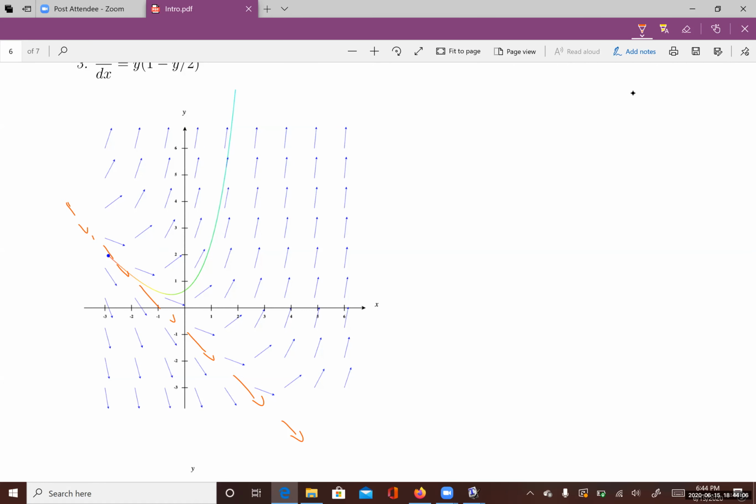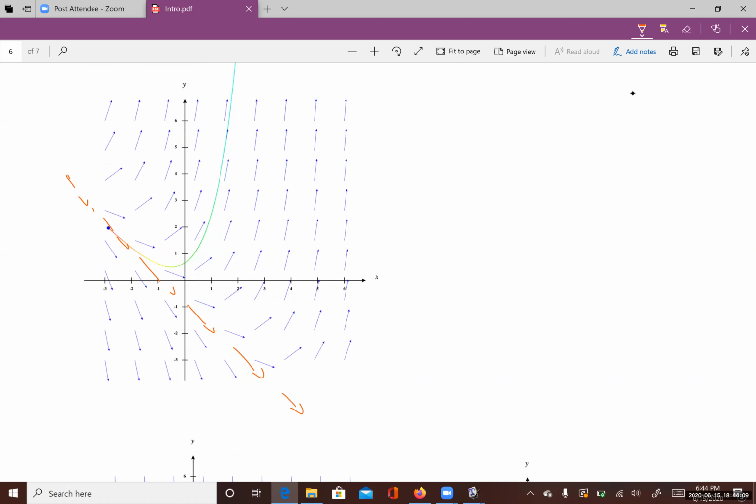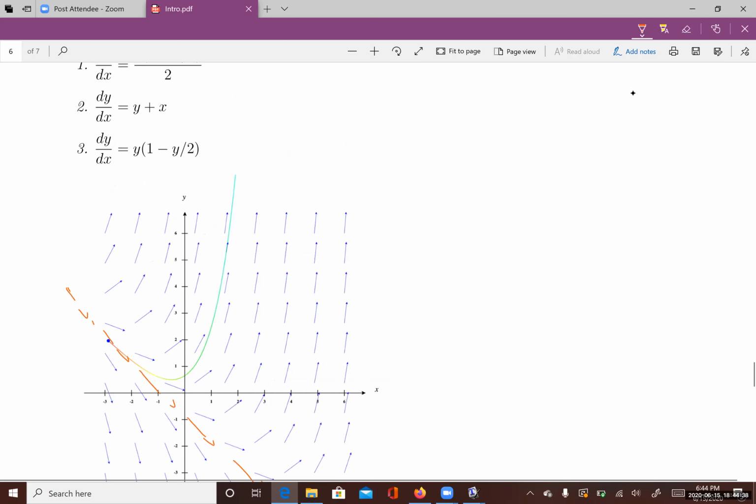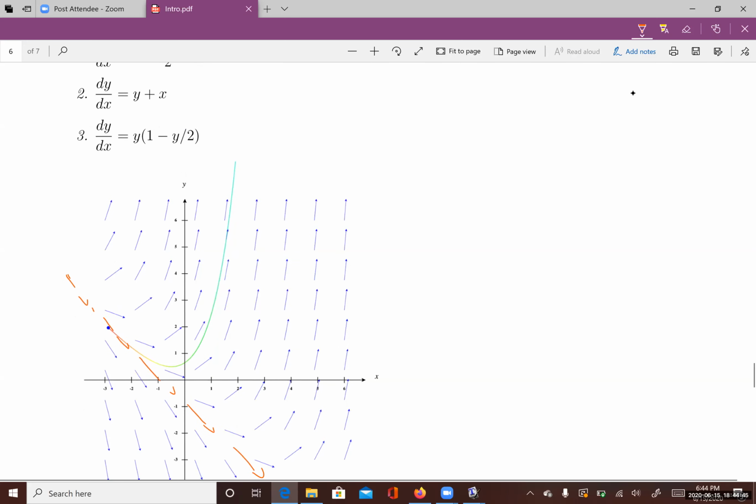It's just that at this point, x equals to negative y, because this is like an x equals negative y line.